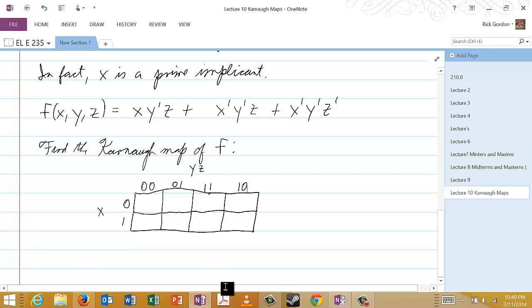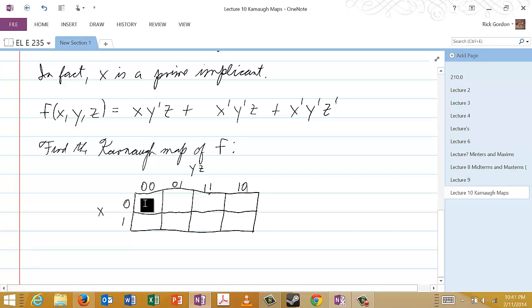That's in this cell right here. Now if we move, let's say, down, then only one variable changes its value. Y and z will still be equal to 0, but now x will be equal to 1.